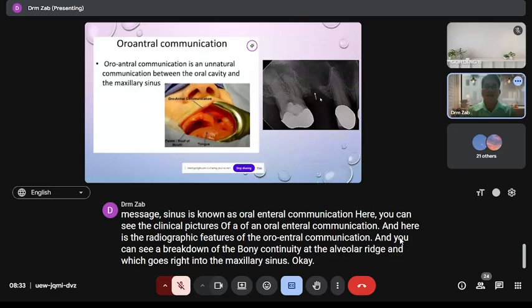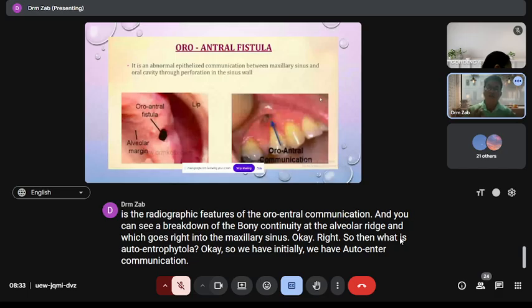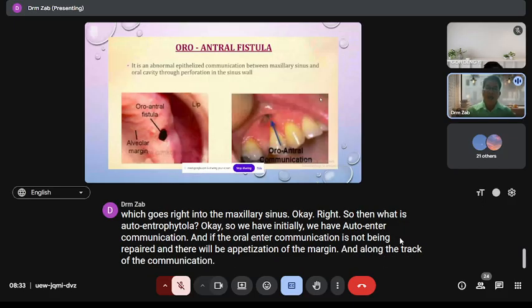Right, so then what is oro-antral fistula? Initially we have oro-antral communication, and if it is not repaired, there will be epithelialization of the margin and along the track of the communication. This condition is later known as oro-antral fistula.